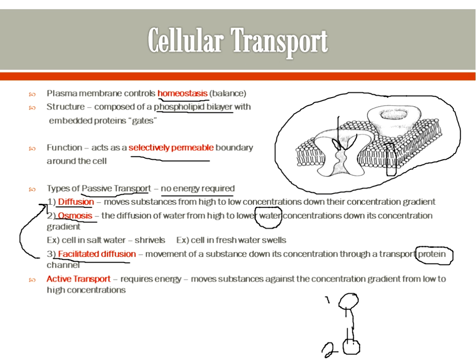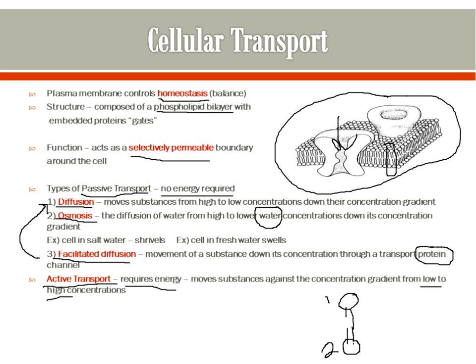And then the other type of transport, passive, is no energy. Active transport means energy. And that's where they go the opposite way. They go from a low concentration to a high concentration. So imagine spraying a bottle of cologne and trying to get all those particles back into the bottle. Very, very hard.